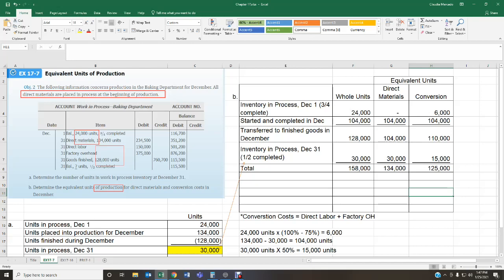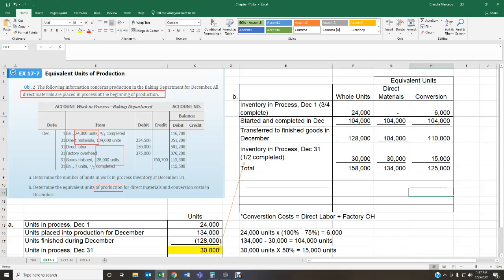Now the conversion cost, that is based on actual completion. So you're only going to charge the percentage that was completed. Make sure that you do go back and review those sections that talk about materials equivalent units and conversion equivalent units, so you can have a better understanding of what's going on.